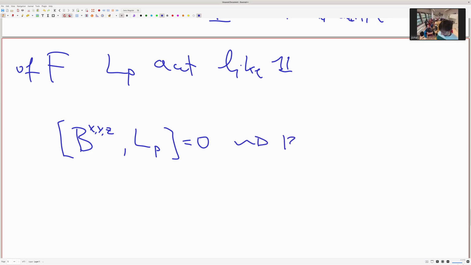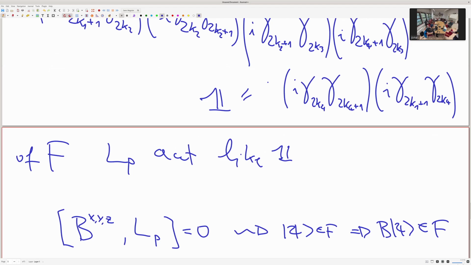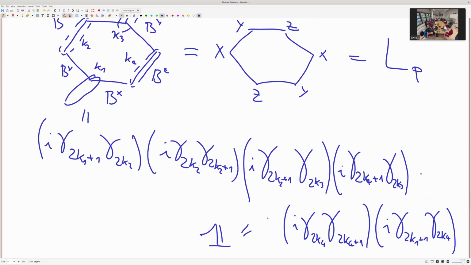So if I have a state psi in F, this implies that also B psi is in F for any of these B's. So if I now consider a state that is in F, and I act on it with all these fermionic operators written in terms of the B's, I will stay inside F. And if I stay inside the subspace, these loops, which should be the identity, do act like the identity.